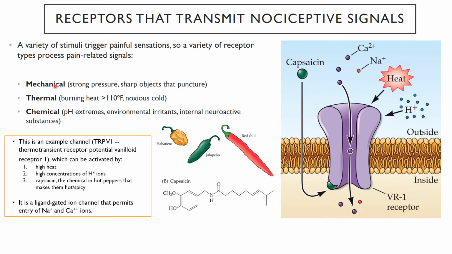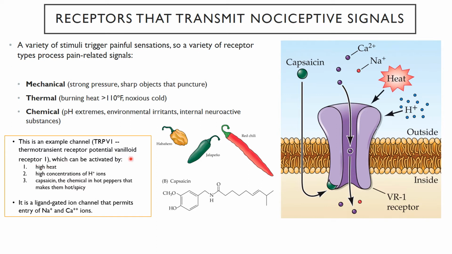The TRPV1 stands for transient receptor potential vanilloid receptor 1. Better to just say TRPV1. It can be activated by several different stimuli. So it is heat sensitive, so this is a temperature sensitive channel.